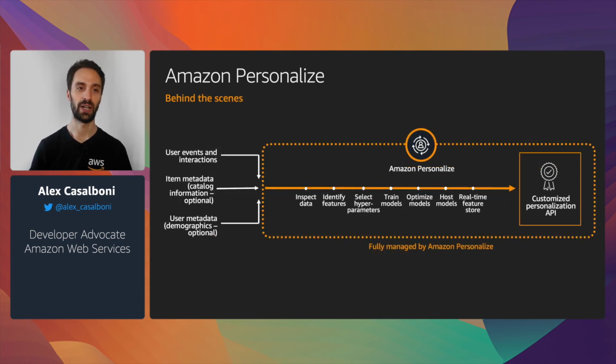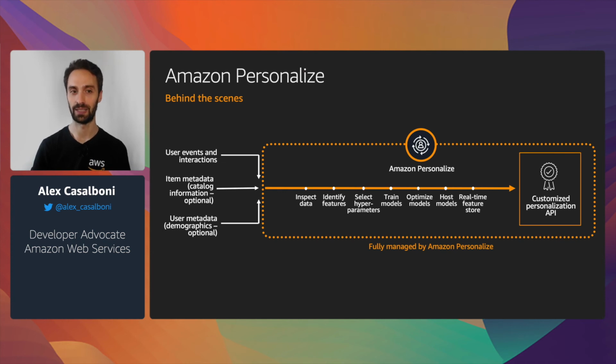Similar mechanism: provide events, provide interactions. In this personalization use case, you might even provide different levels of interaction. You might say, this user in the past viewed the page of this item, but she didn't buy it. That's a lower weight interaction, if you think about it.